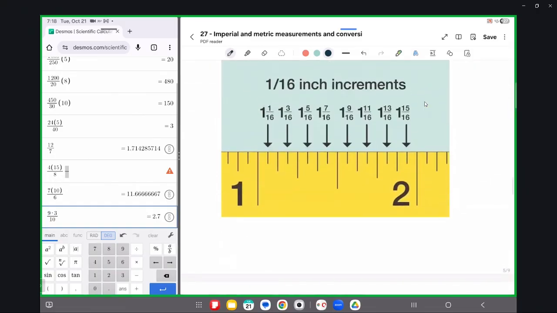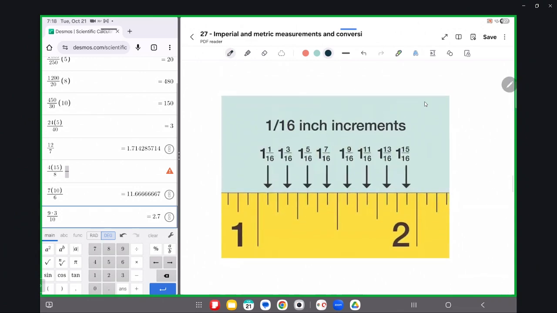Similarly, if you have a look at every little tick mark, and again, most rulers are 16ths, but there could be more. You can see we are going up by 16ths, but we start with 1/16, and then we move 2 notches to get 3/16, 2 notches, 5/16.